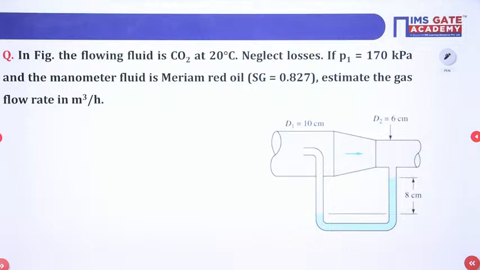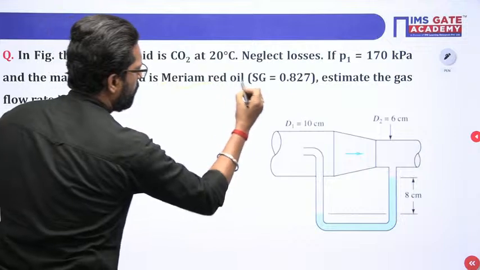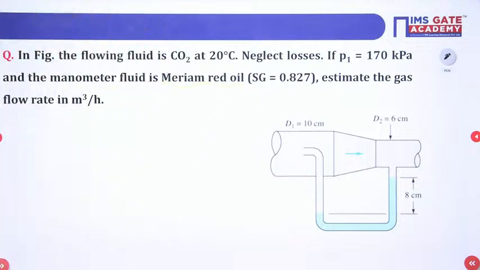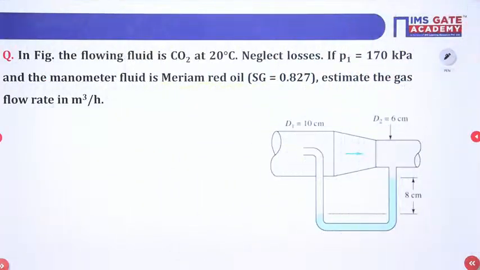If P1 is the pressure at the section, 170 kilopascal, and the manometric fluid is Meriam red oil, with specific gravity 0.827, estimate the gas flow rate. That means you have to find the volumetric flow rate in meter cube per hour.